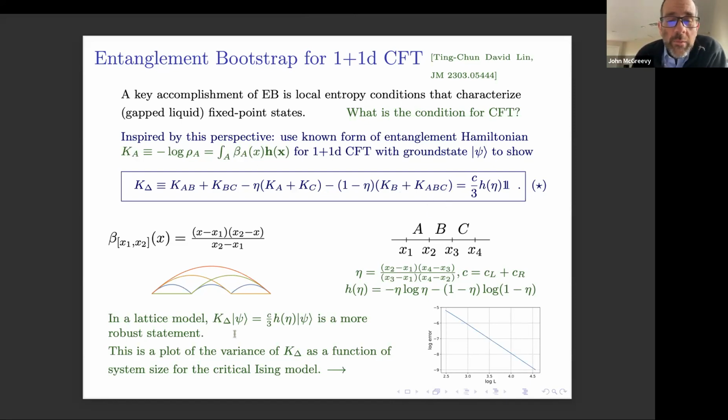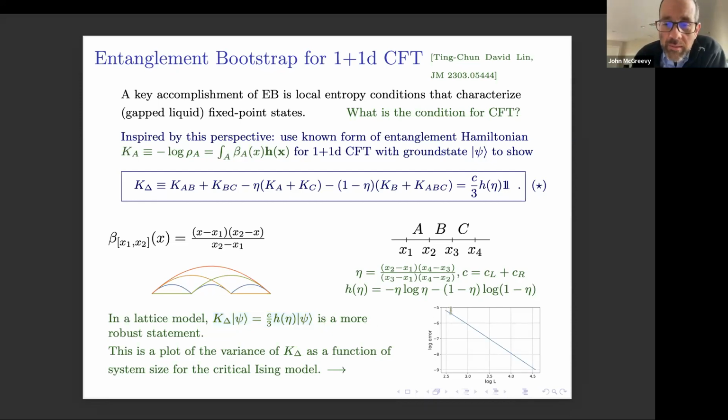It's better if we act on the state itself because that removes the kernel. So in a lattice model, the equation that's more robust is the vector form of the equation, so that if I act with the left-hand side on the state, it's the same as acting with the right-hand side on the state. It's a slightly weaker, but still actually very powerful statement.